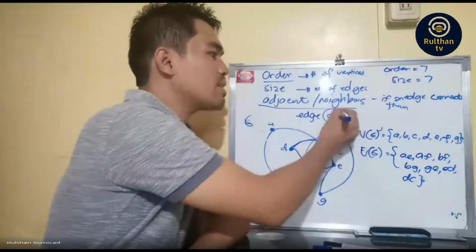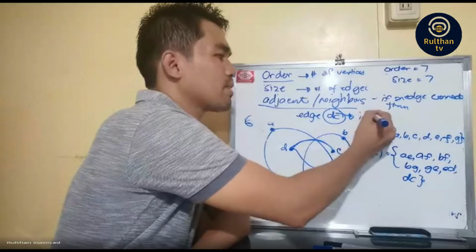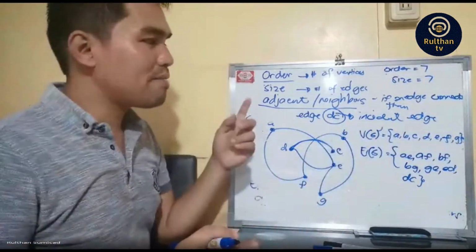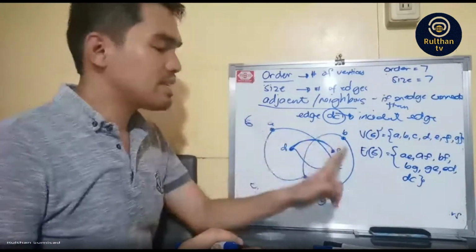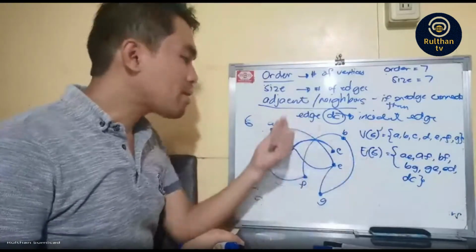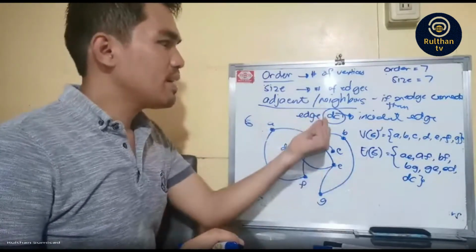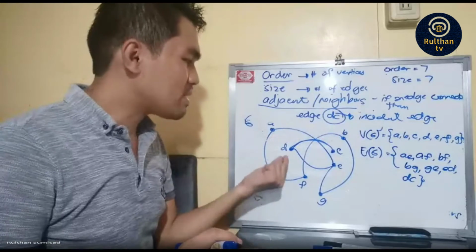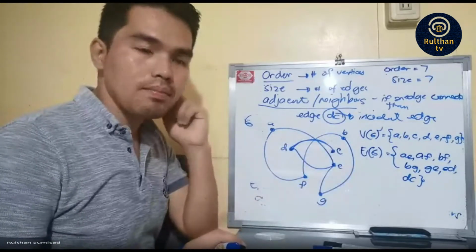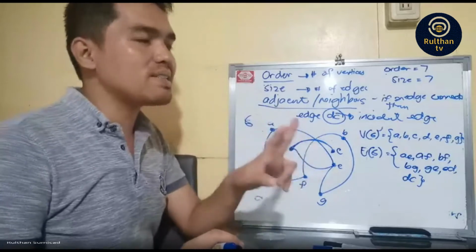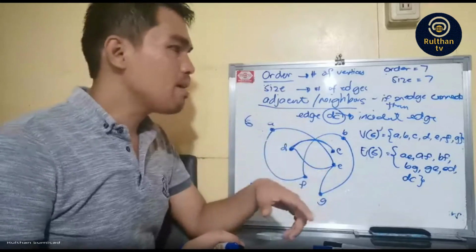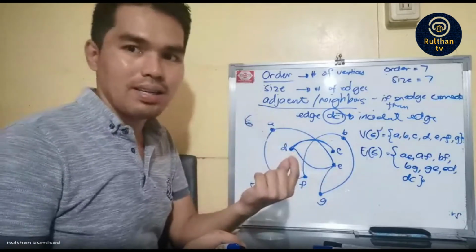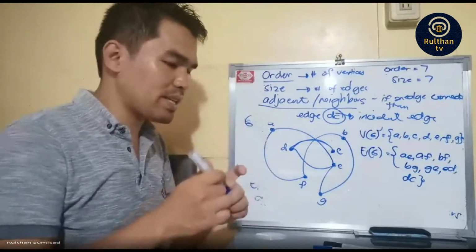By the way, this edge is called the incident edge for neighboring vertices D and C. So the edge that makes two vertices neighbors is called the incident edge, the edge that connects the two vertices.